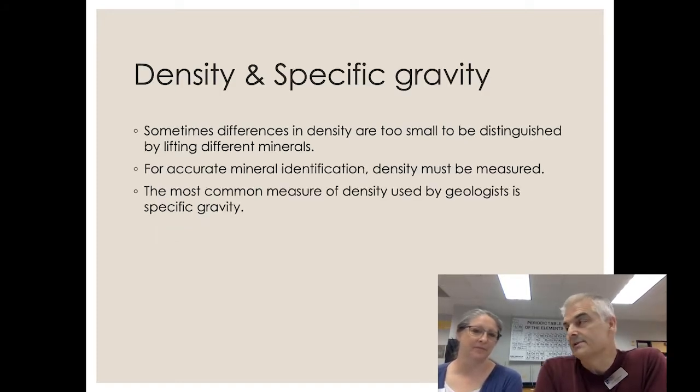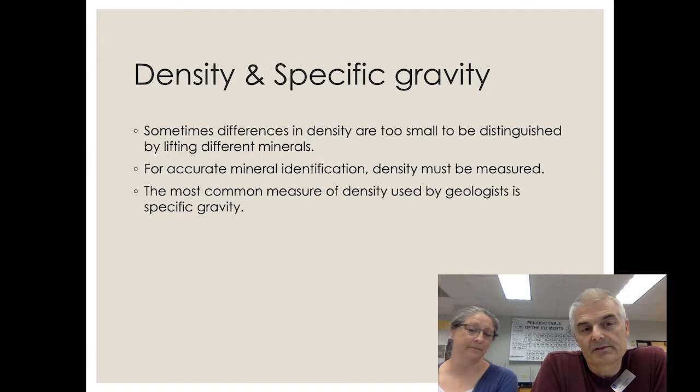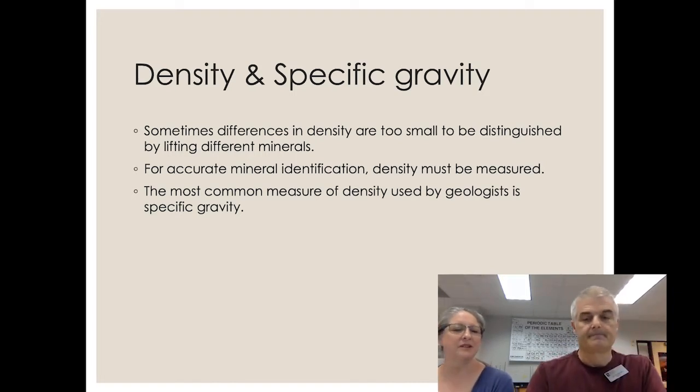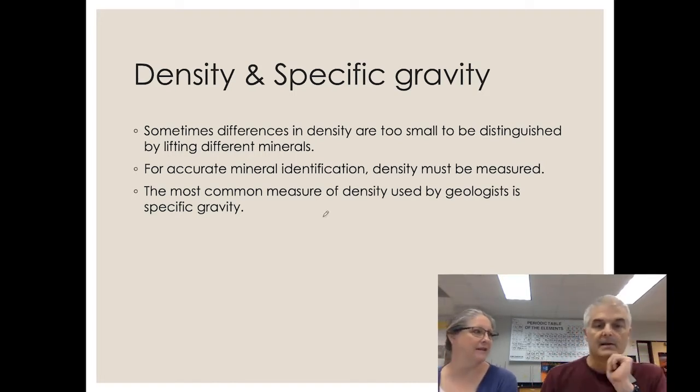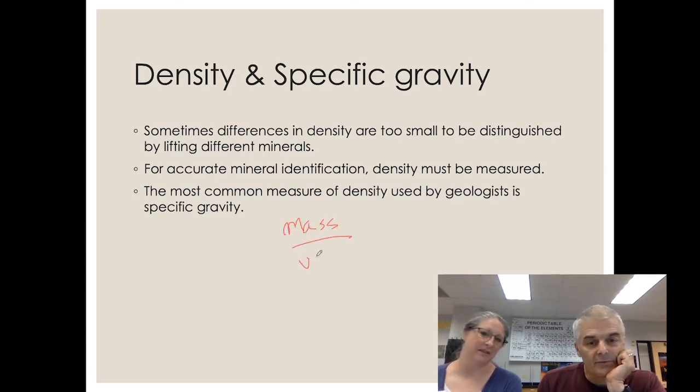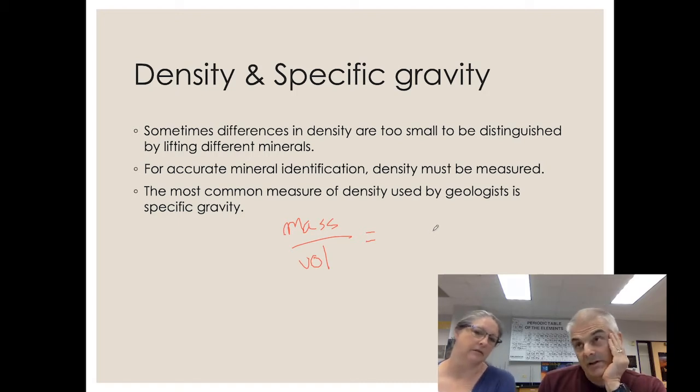And then this last one is density and specific gravity. What's this? Density, if you remember from chemistry, is mass divided by volume, right? Something that's more dense sinks, and something that's less dense floats.